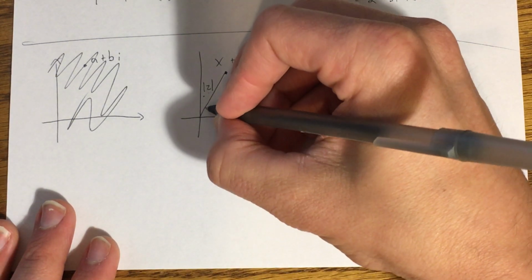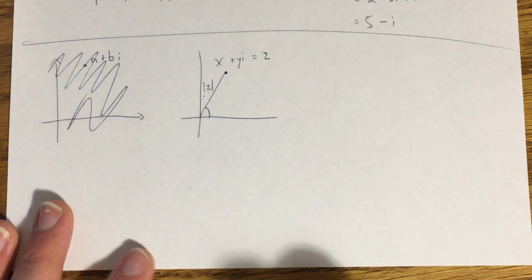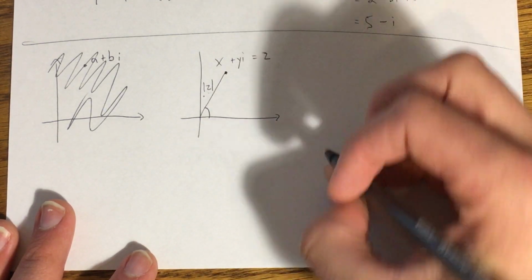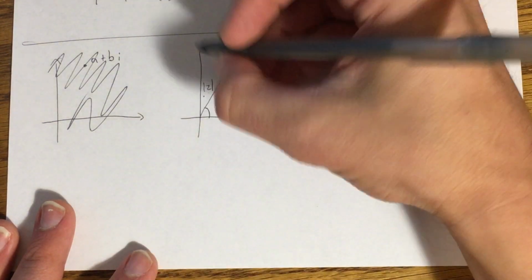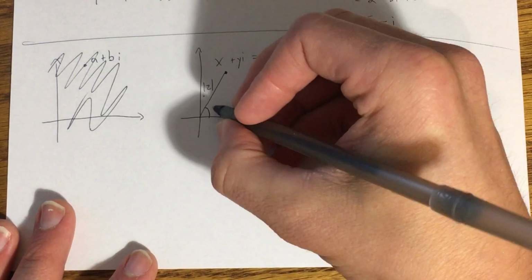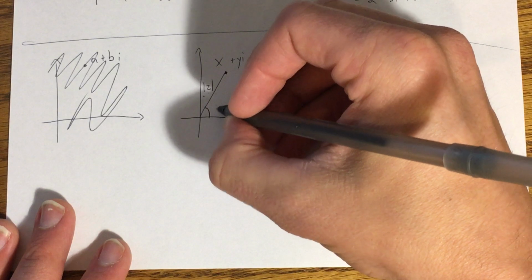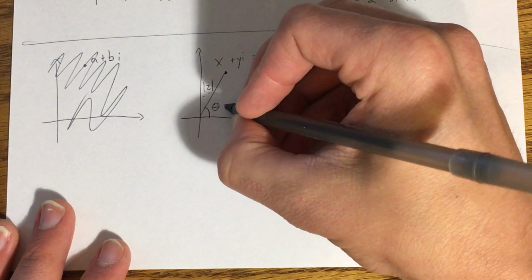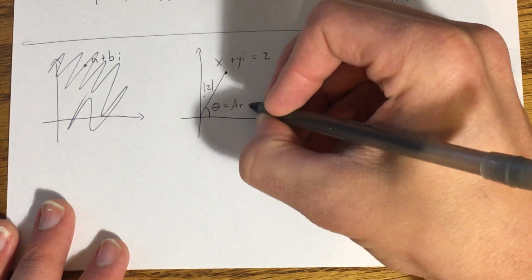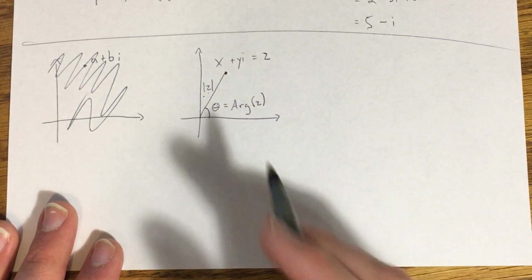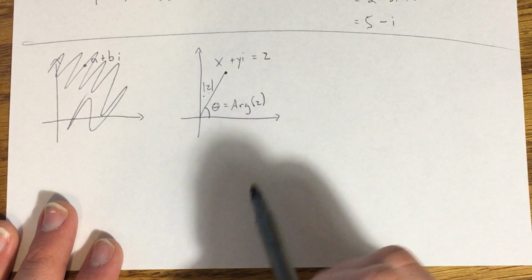In addition, we want to talk about the angle that z creates with the positive x-axis, or the positive real axis, which is what we call it in the complex plane. In polar coordinates, I would be calling that theta, and we're often still going to be using theta here, but another term for that is the argument of z, which we write as arg(z).